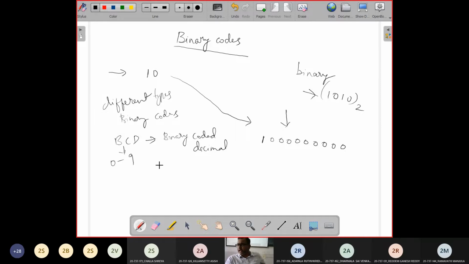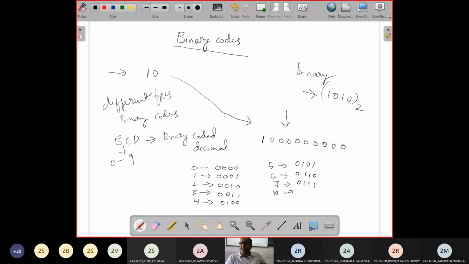So BCD code is normal binary code only. 0 is represented as 4 zeros. 1 is represented as 3 zeros followed by 1. 2 is represented as 0 0 1 0. 3 is represented as 0 0 1 1. 4 is represented as 0 1 0 0. 5 is represented as 0 1 0 1. 6 is represented as 0 1 1 0. 7 is represented as 0 1 1 1.